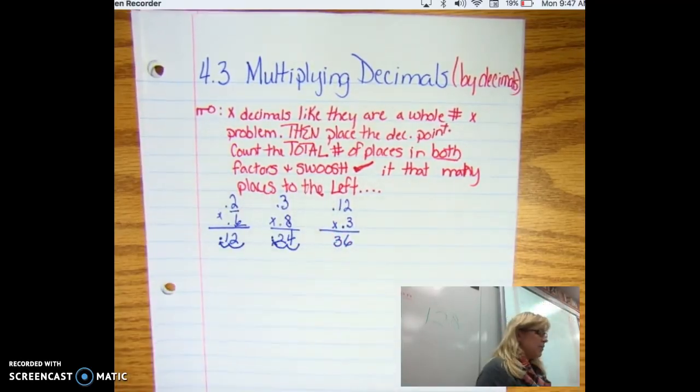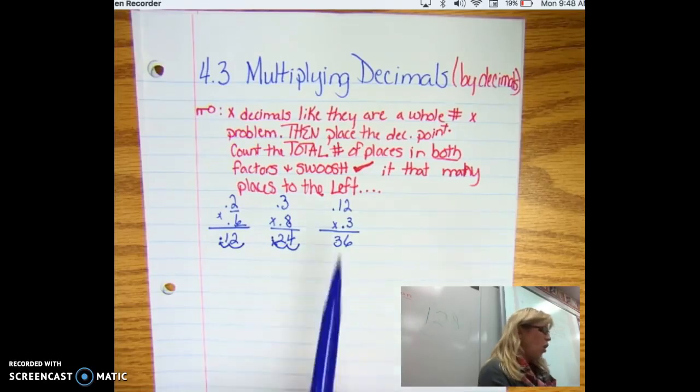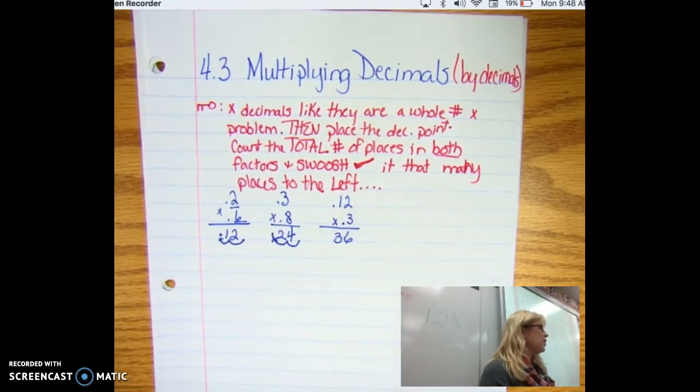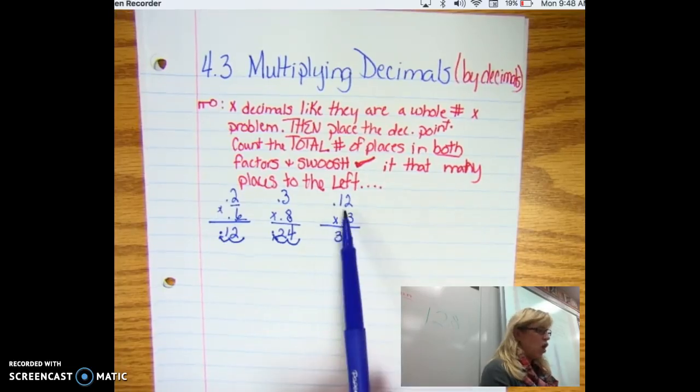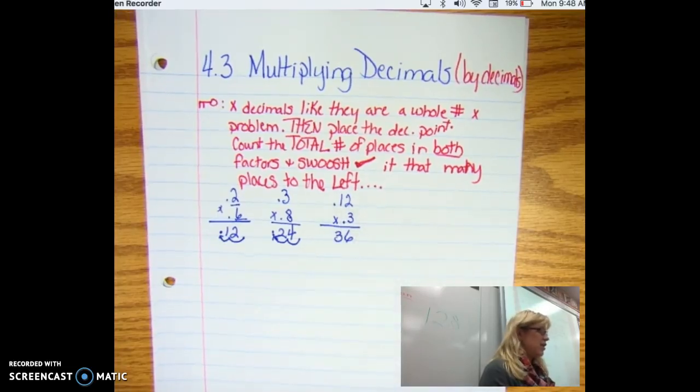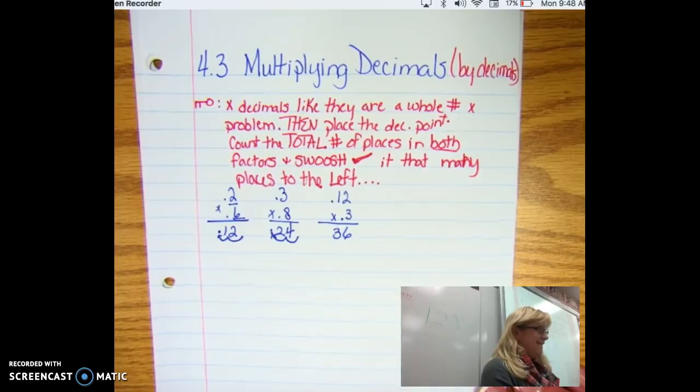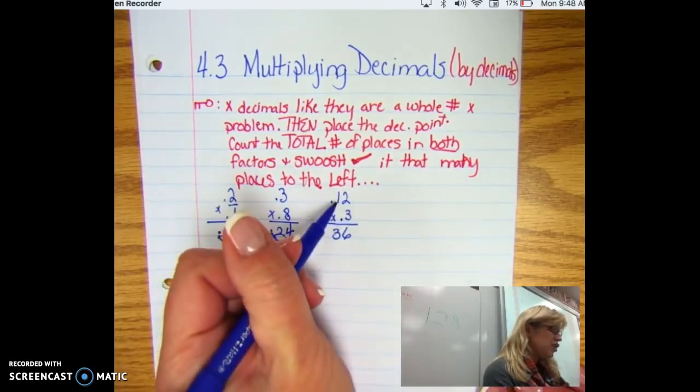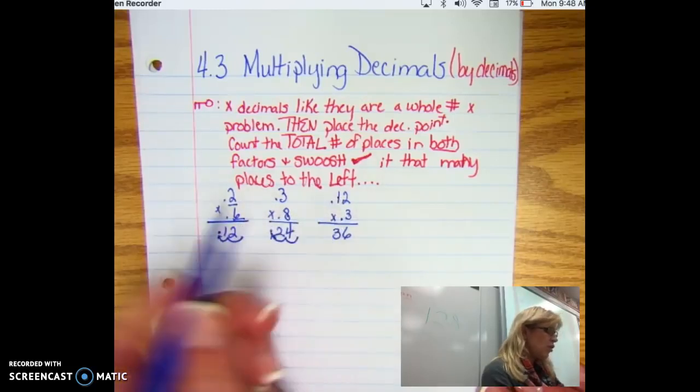Okay, now we've got a problem here because how many total places, total numbers are after the decimal? You have to remember, you have to count all the numbers that you see. How many numbers do you see after the decimal, Jane? 3, but you can add a 0 in front of it. And this is not a cows come home 0. This is actually a placeholder 0. So she counted 1, 2, 3 total places.